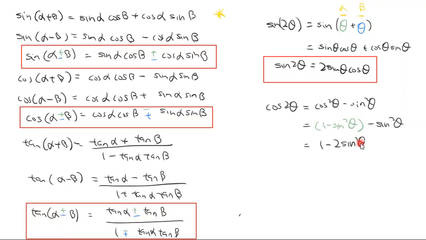That's correct. Now, if I want to express it all in terms of cos squared, what would I do? I want it in terms of cos squared, no sine squared. Cos squared theta minus.